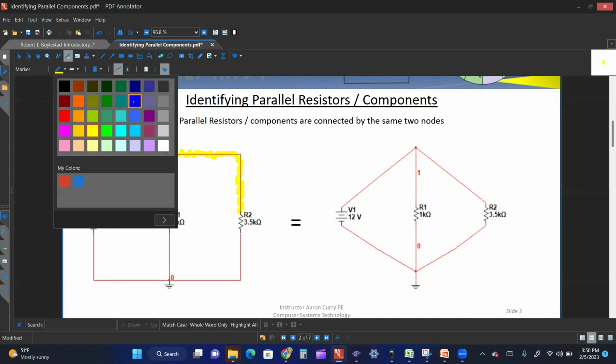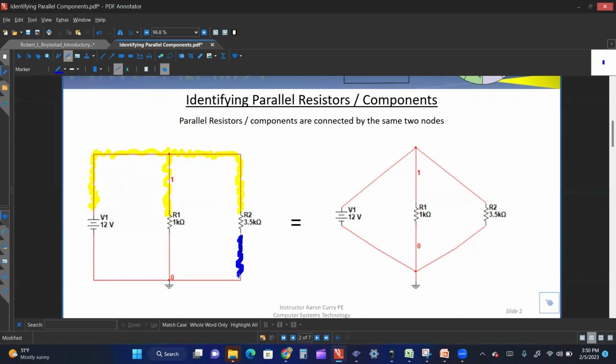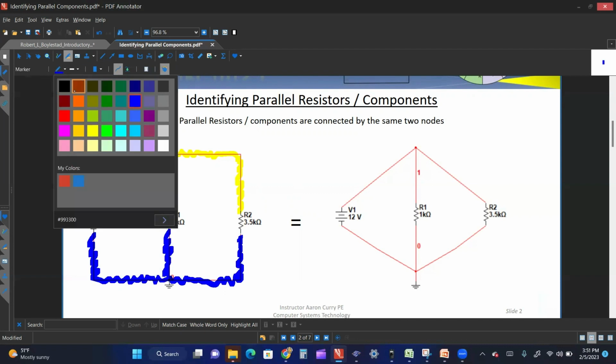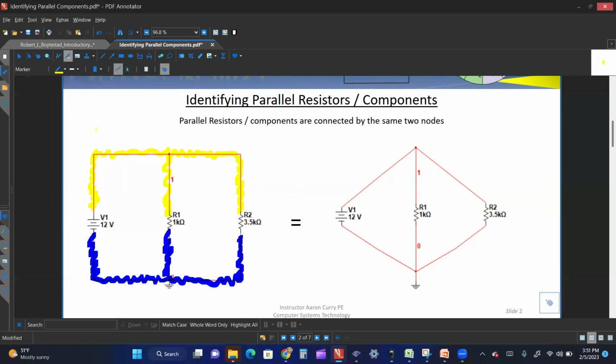All right, let's switch to my blue. Same thing over here, all the way up till I see a resistor. Now for this one, just doing the same thing, highlighting all the way up till I see a resistor.